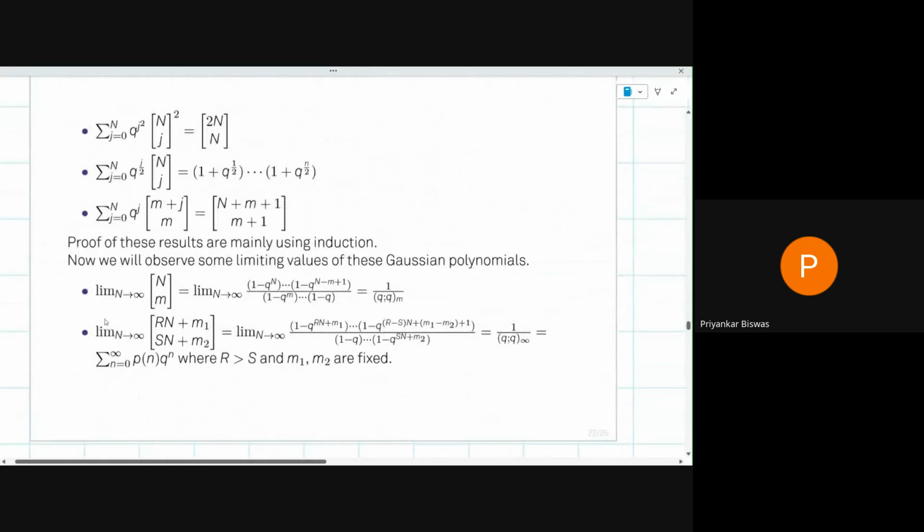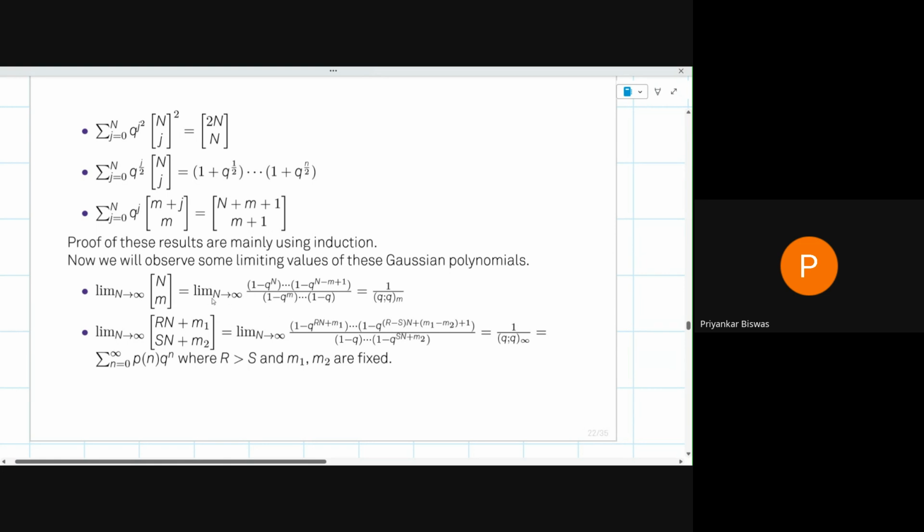Next we'll talk about the limiting cases of Gaussian polynomials. If you take the limit as capital N tends to infinity of N choose M, we are considering that mod q is less than 1.